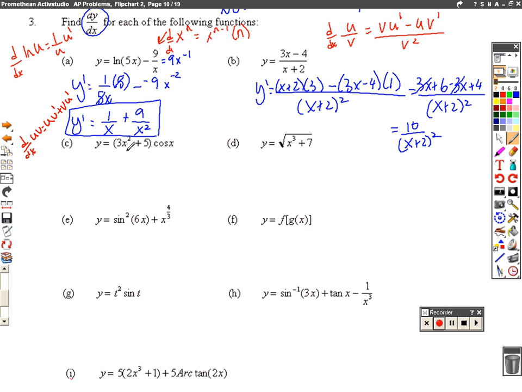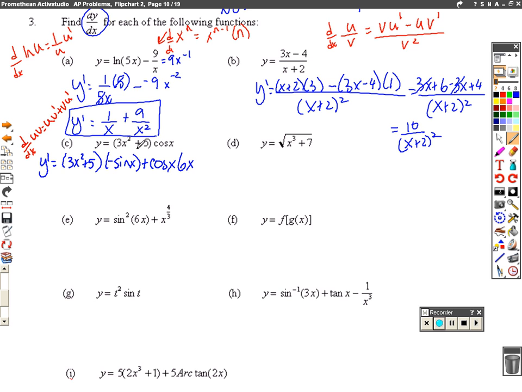So we've got the first, which is 3x squared plus 5, times the derivative of cosine of x. And the derivative of the cosine of x is negative sine of x, plus the second, cosine of x, times the derivative of the first. Derivative of 3x squared is 6x, times derivative of 5 is 0.